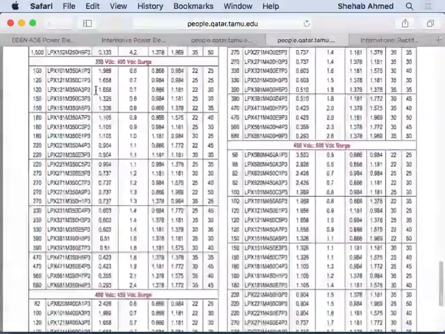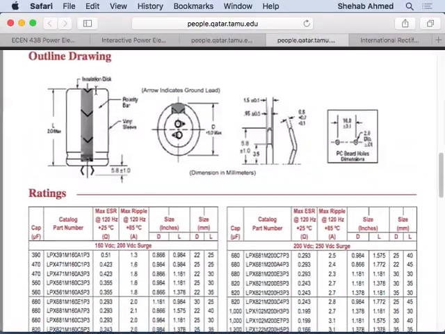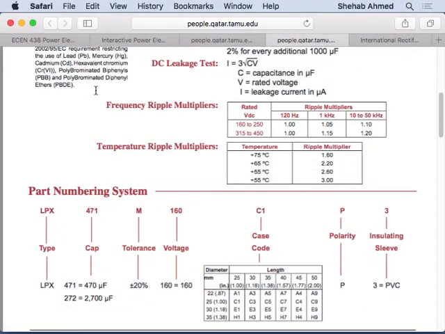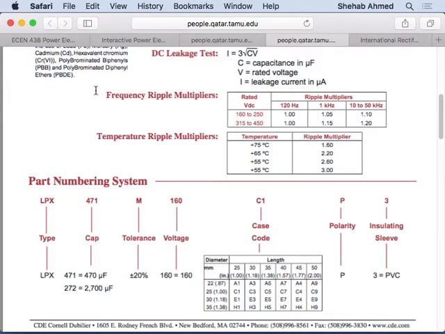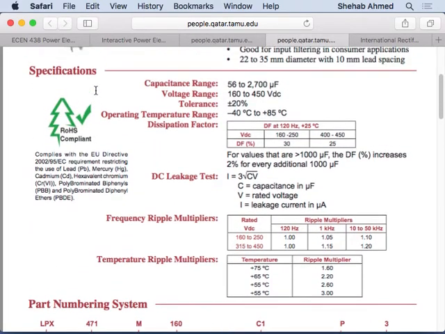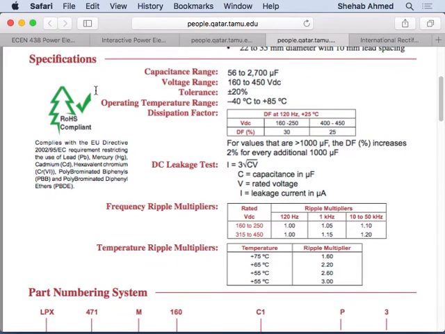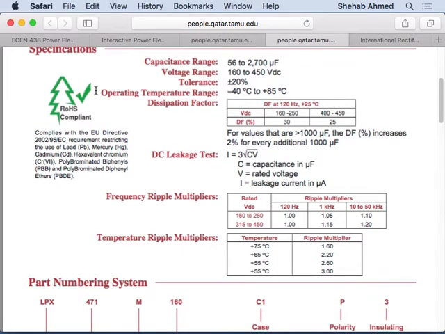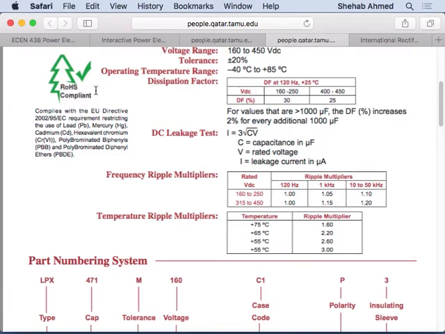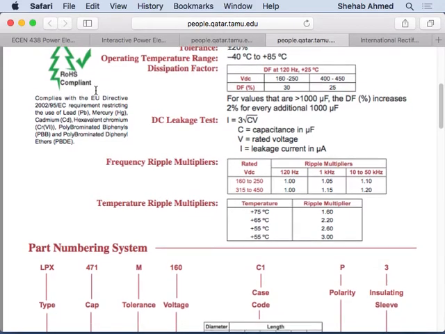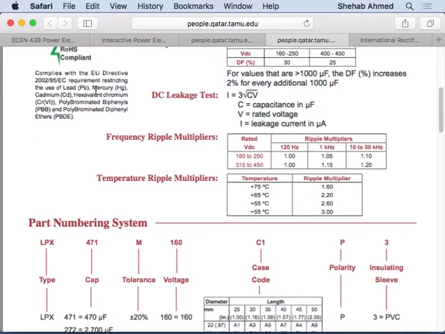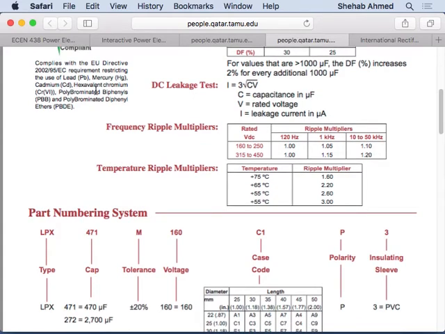If you look here, they have temperature ripple multipliers.